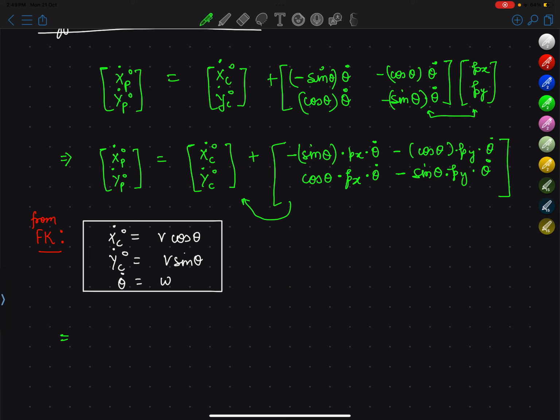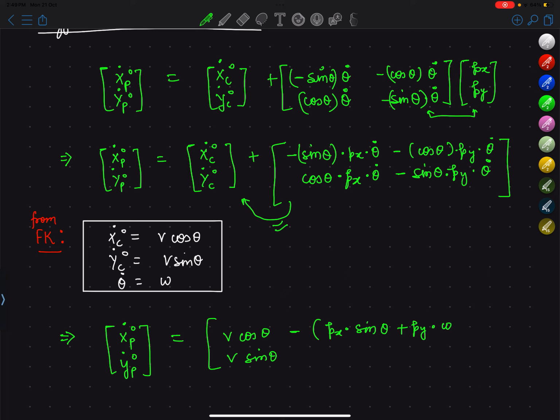So xp naught dot and yp naught dot can be written as v cos theta, v sin theta, and we'll add the other matrix with this, and that can be written as minus of px sin theta plus py cos theta into theta dot.